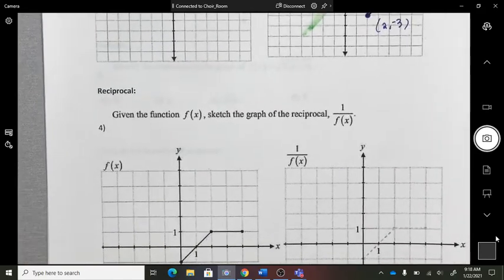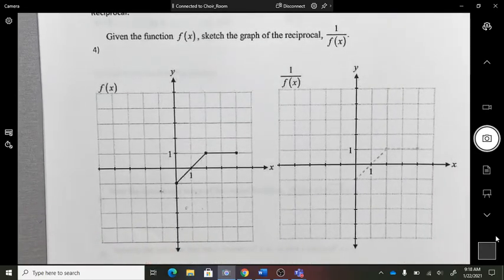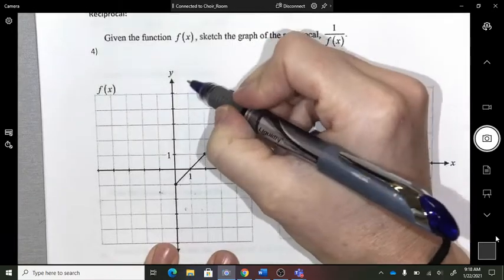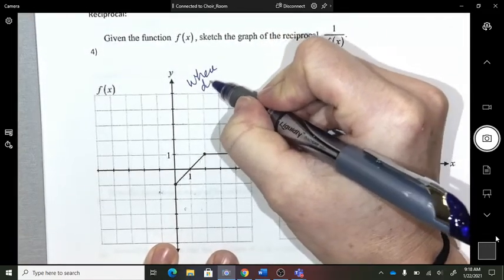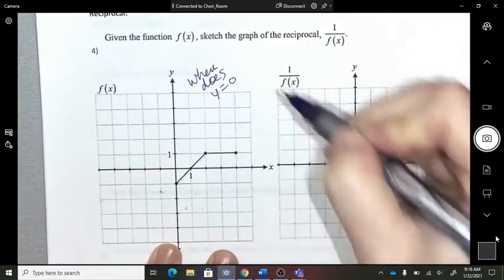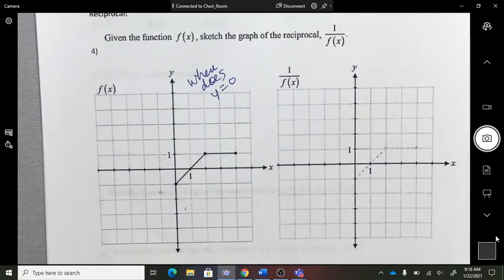Okay, reciprocal functions. Okay, so we take the y-coordinate and we do 1 over the y-coordinate. So I start with, where does y equal 0? That's what I always start with.